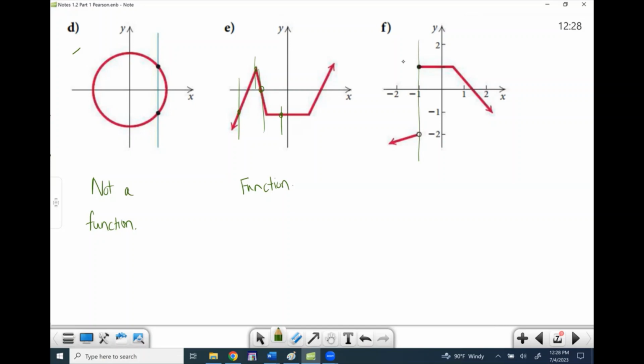It touches here, but it does not touch here because there's no point there. There's an open circle, which means that there is no graph there. So we really only touched once, so it is a function.